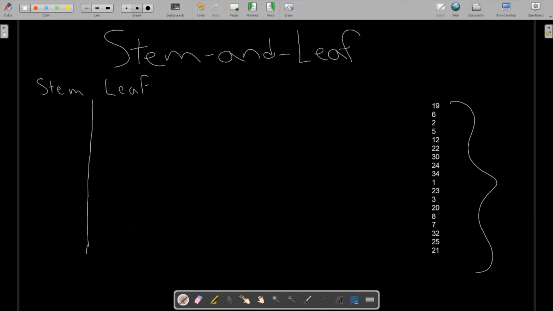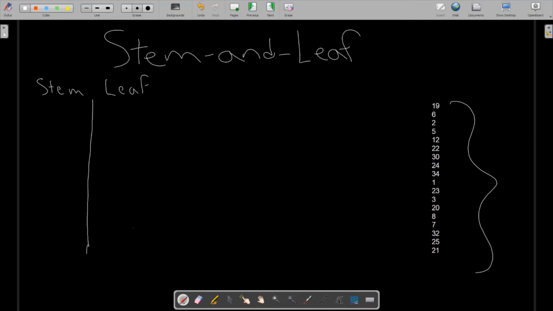On the left, the stem, we'll draw all the different values that are located in the data. And on the right side, we'll write each individual one.